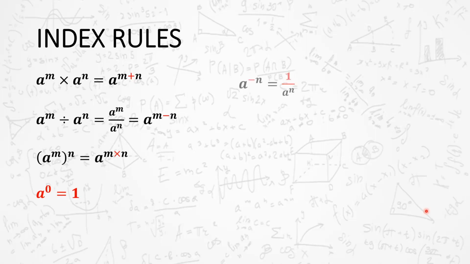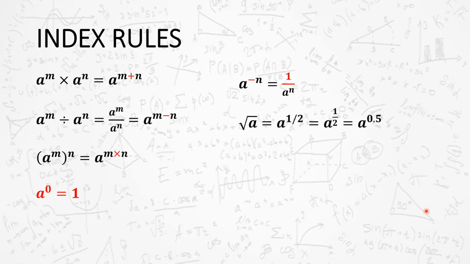Then we have a negative index. So a to the power negative n, the minus sign will give you the reciprocal, which is 1 over. So a to the power minus n equals 1 over a to the power n. Then we have fractional indices.